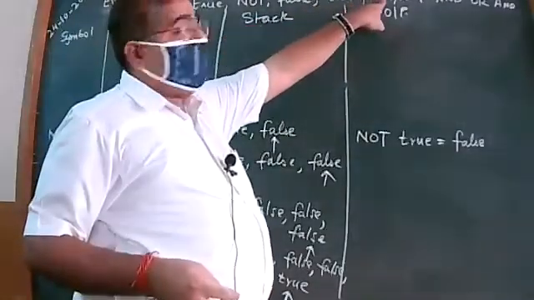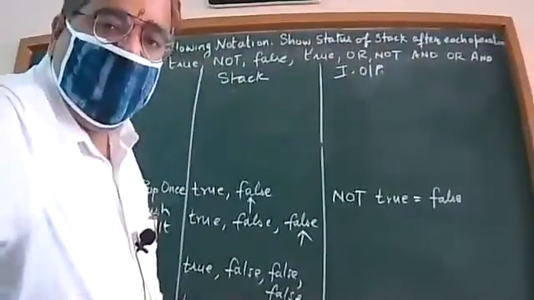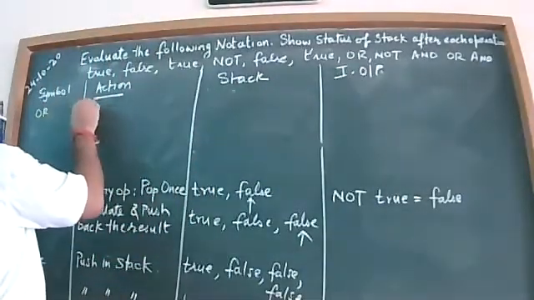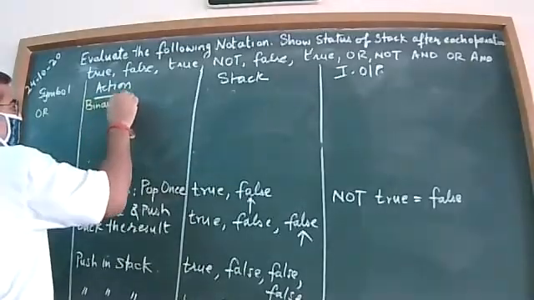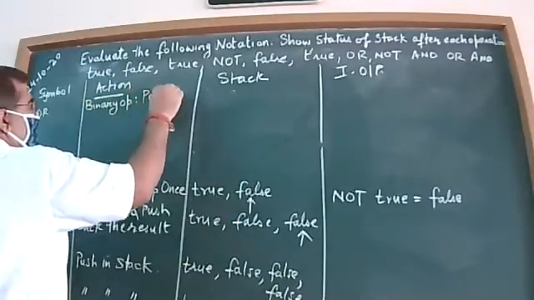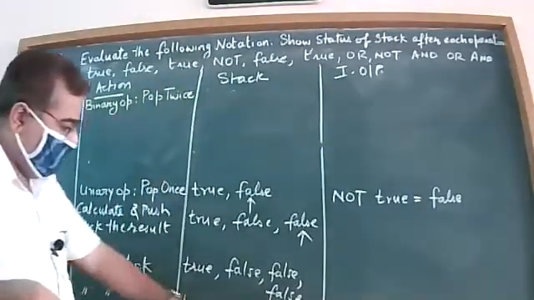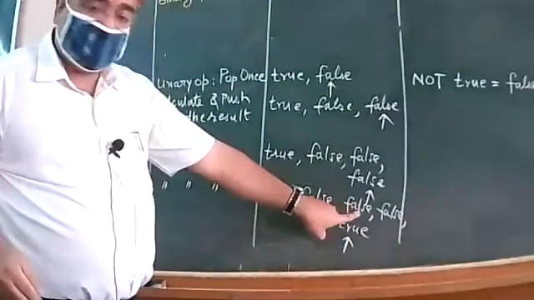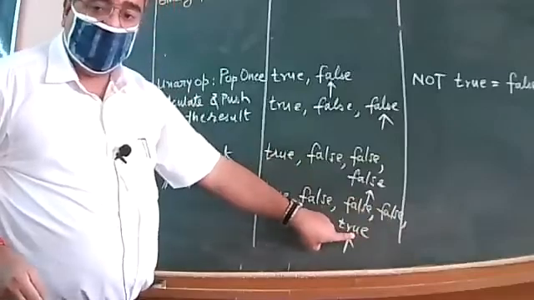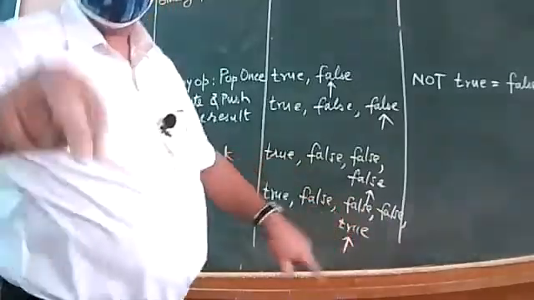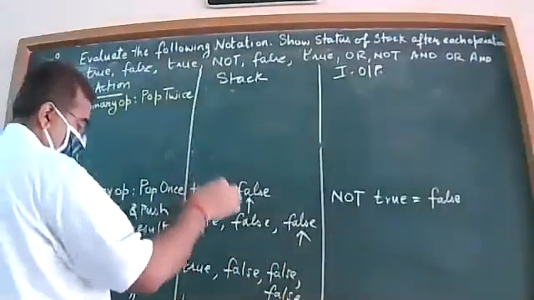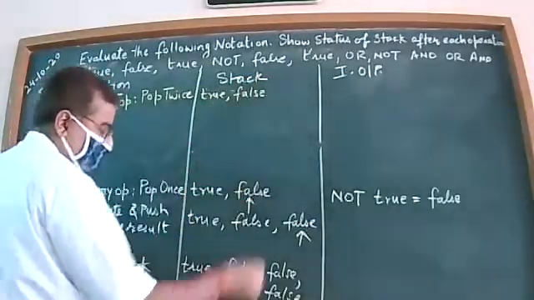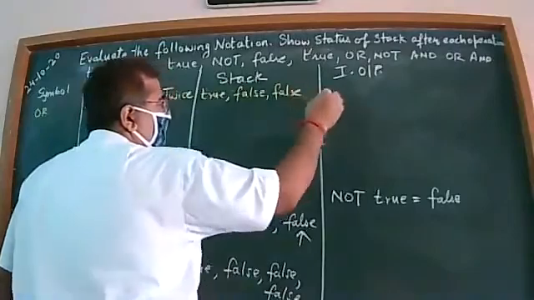Now the next operator is OR operator. Now OR is binary operator. Pop twice. So when I pop twice, this was my stage, false and true. These two will get popped, false and true. So I am left here with true, false, and false.